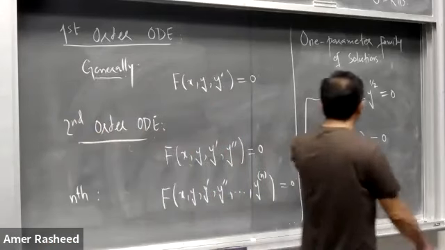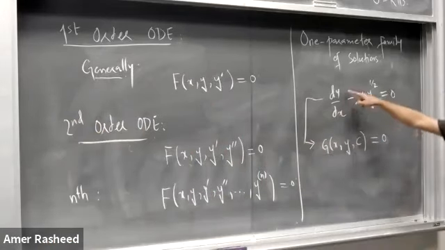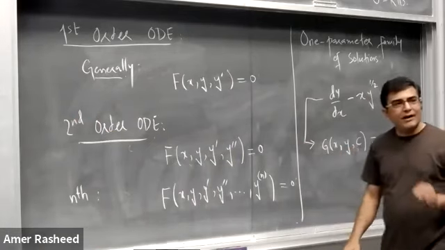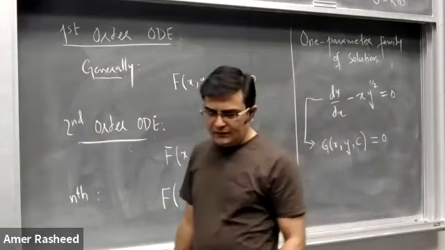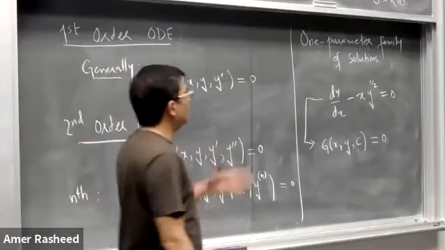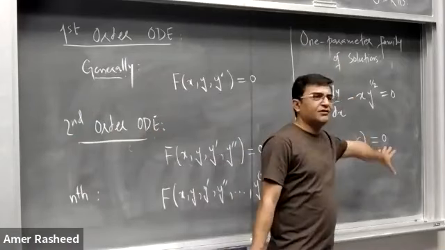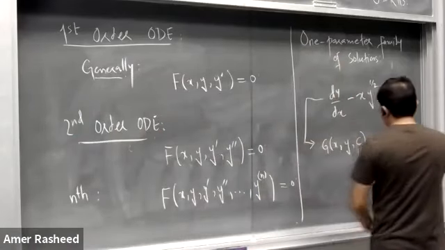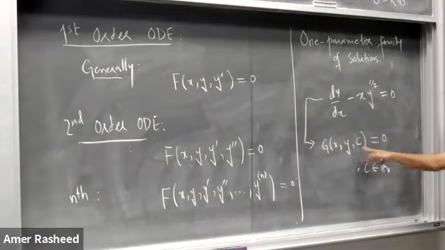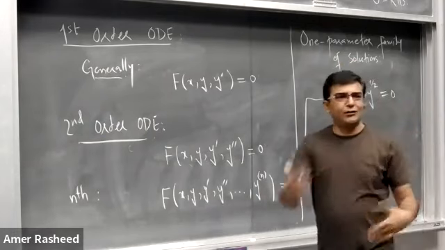So this will be the solution of this differential equation, which involves one parameter. That is why we call it a one parameter family of solutions, where this C belongs to R. If we change the value of C, we get another solution.